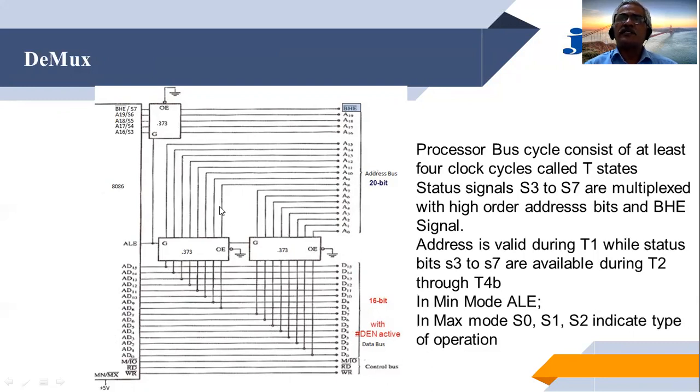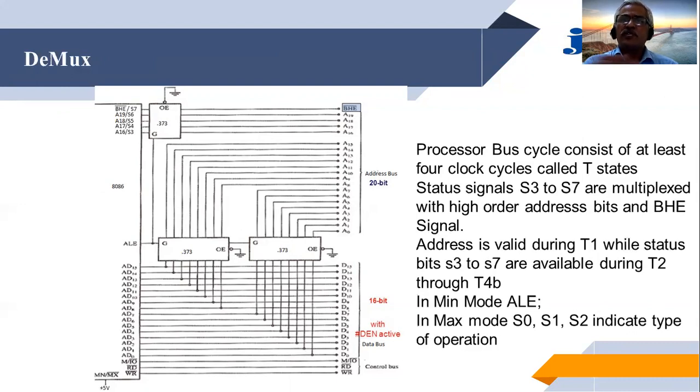But the high order address bus contains not the address and data, but the address and the status signals. So the latch would take the signals A16 to A19, which are multiplexed with the signals S3 to S7 and the BHE signal. This will then demultiplex and contain the BHE and A16 to A19 lines of the address bus. The basic purpose here is that they help us in separating the address and the data in the physical world.